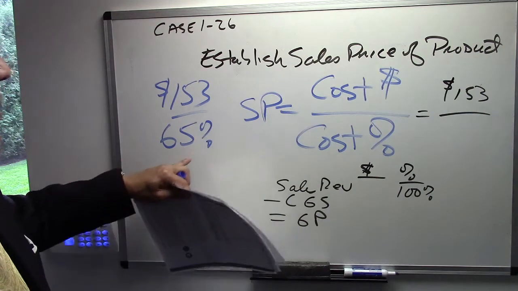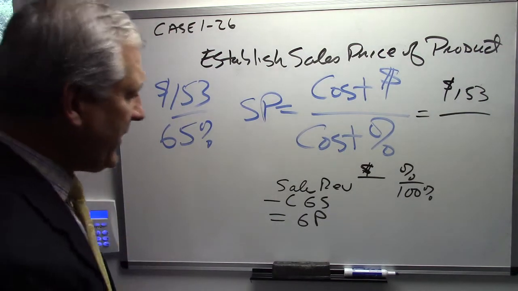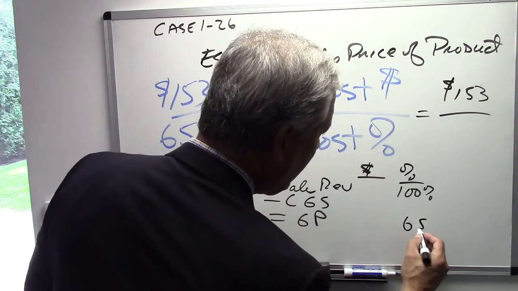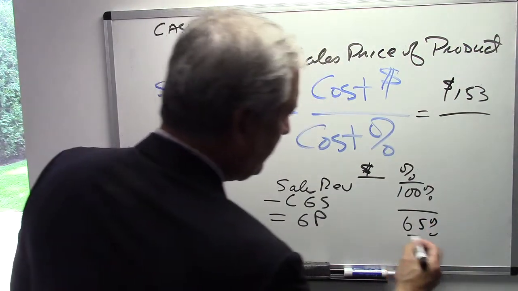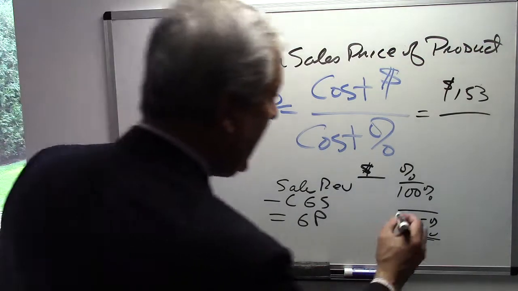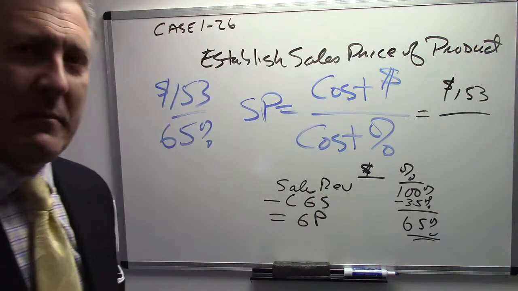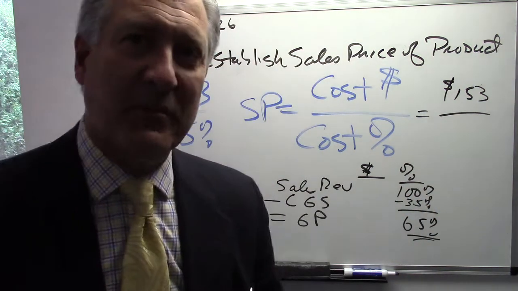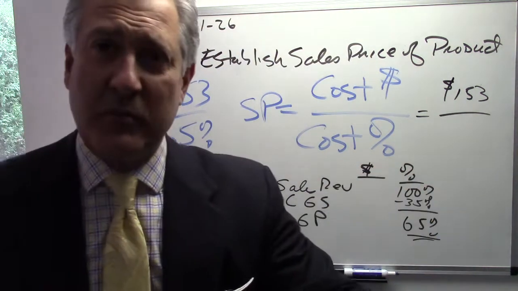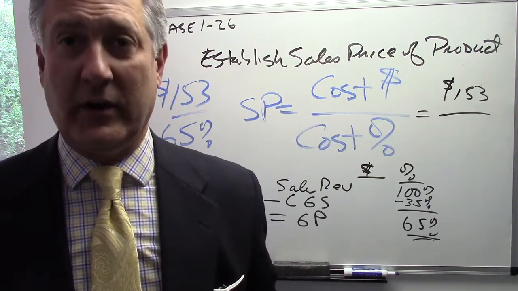If our desired gross profit margin is 65%, then what is the cost of goods sold? What is the cost percentage? It has to be 35%, right? 100% minus 35% equals 65%. The cost percentage plus the gross profit percentage has to equal 100%.